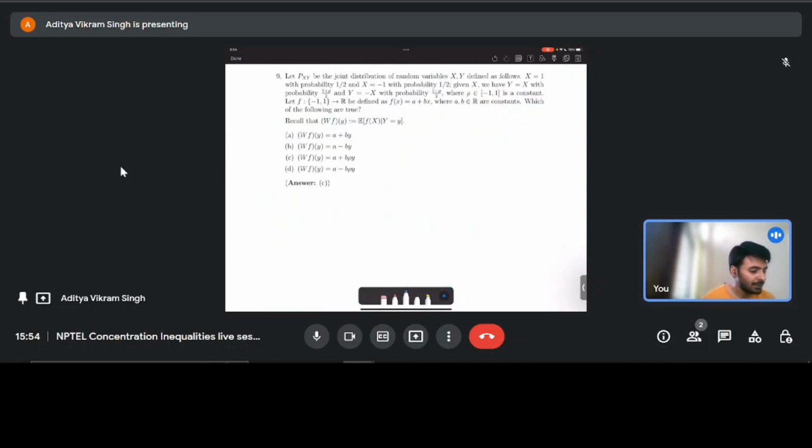Question number 9: let Pxy be the joint distribution of random variables x comma y. Okay. So x is 1 with probability half and x is minus 1 with probability half. Given x, y is equal to x with probability (1 plus rho) by 2, and y is minus x with probability (1 minus rho) by 2.